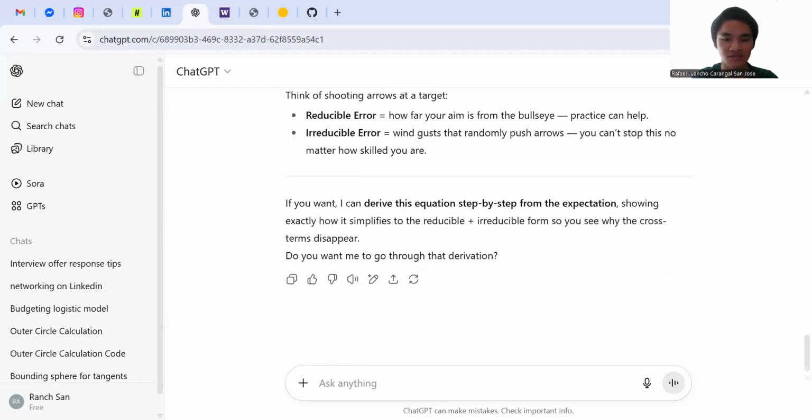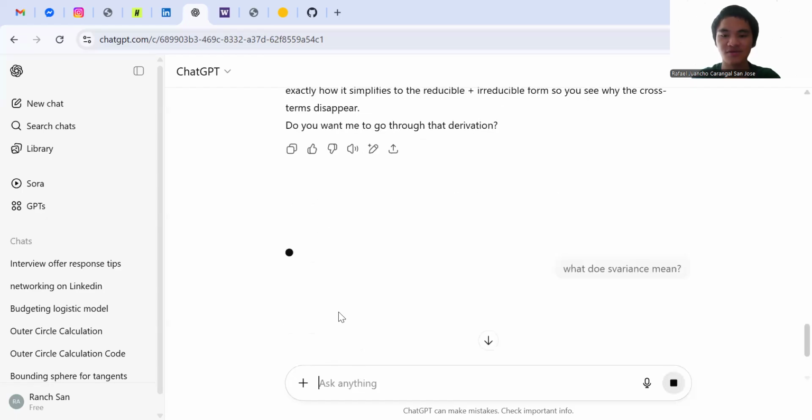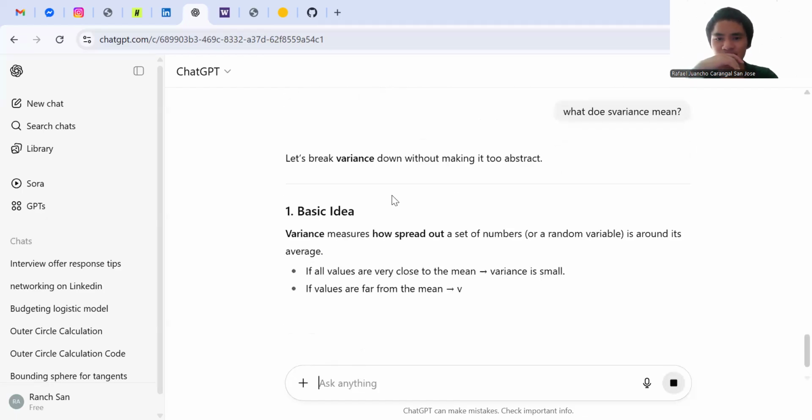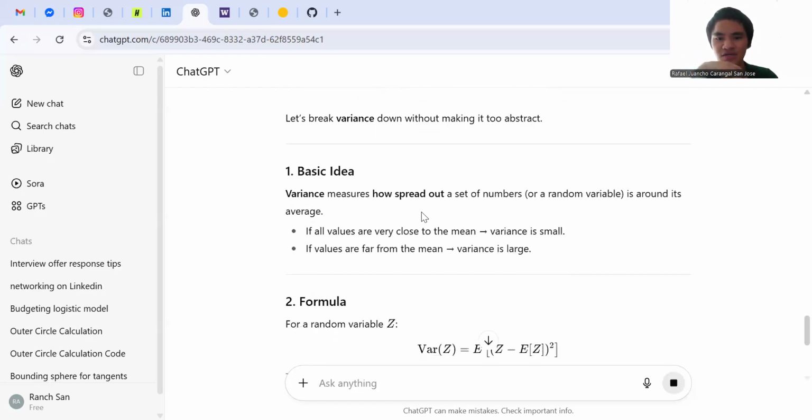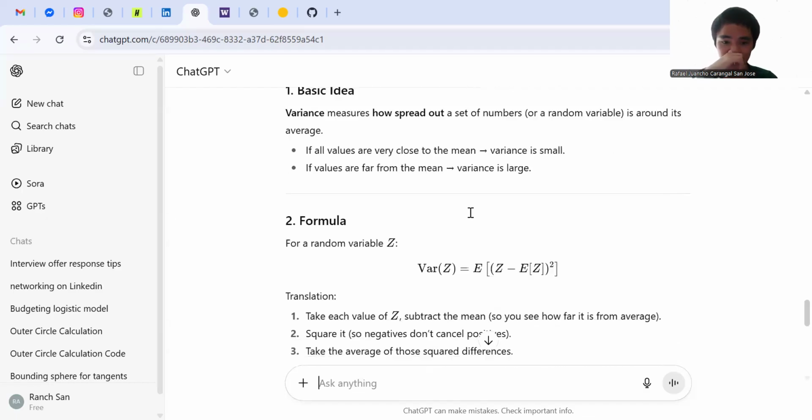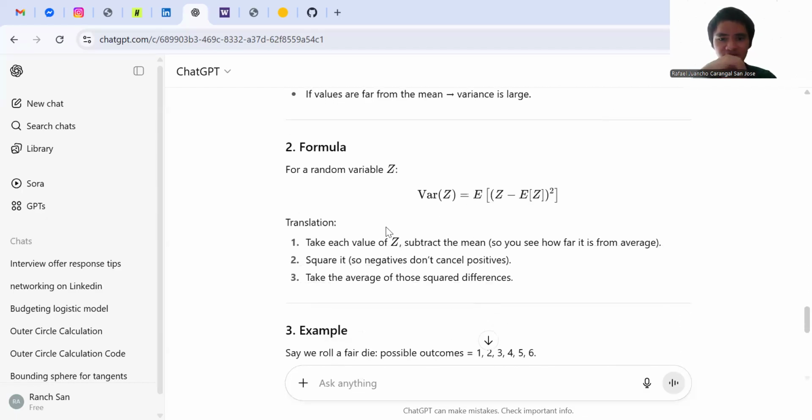Maybe I'm going to ask, what does variance mean? Because that's something I haven't touched on in a while. It's how spread out a set of numbers is around its average. If values are very close to the mean, the variance is small, and if values are far from the mean, variance is large. And then there's a formula for it.